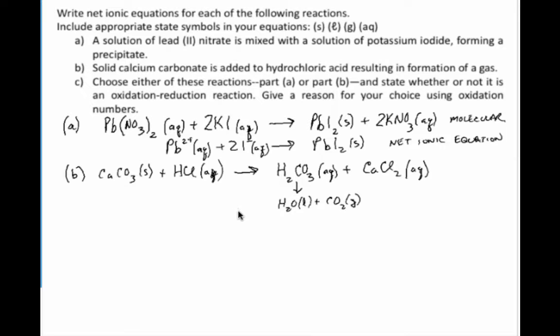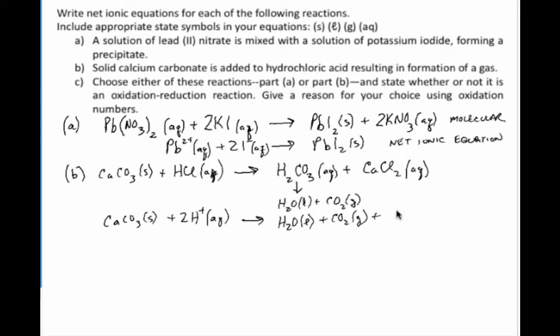In order to form the net ionic equation, the calcium carbonate stays together, CaCO3 solid. The HCl breaks apart. I need two H+ from the HCl. This is now going to form H2O liquid plus CO2 gas.